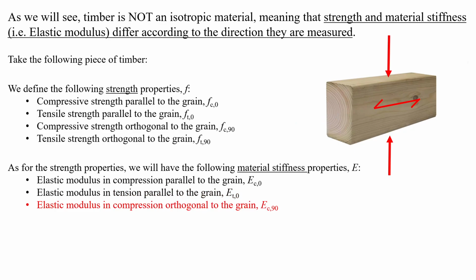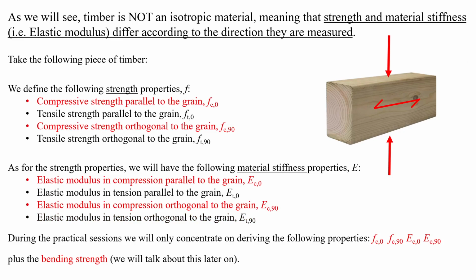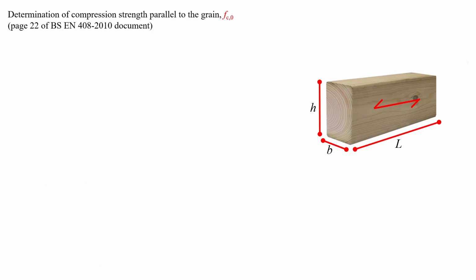We will be testing that on our second one, not the first one. Again, we won't be doing that downstairs. During the practical session, we will only be concentrating on these here, as I've stated before, plus the 4-point bending test. But we'll talk about that another day or next week.